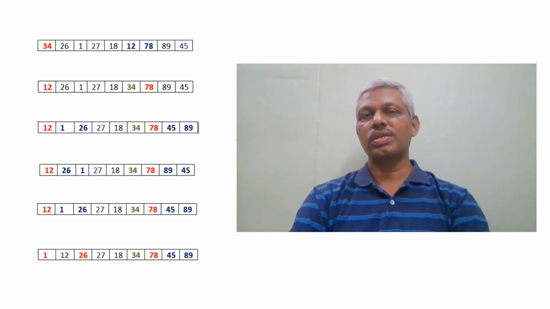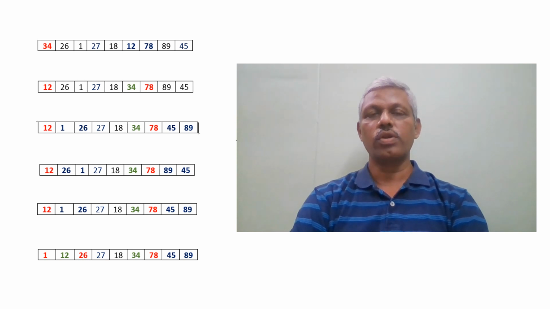So we swap 12 with 34, so that 34 reaches its location, and the left subarray of 34 consists of the elements which are less than 34, and the right subarray of 34 consists of elements which are greater than 34. So this completes one cycle where the pivot element has been shifted. 34 has found its place in the sorting.